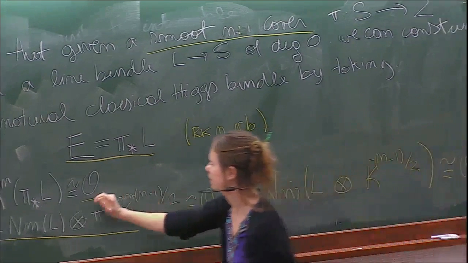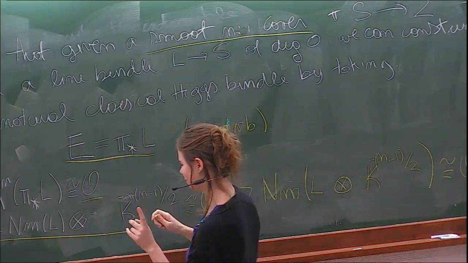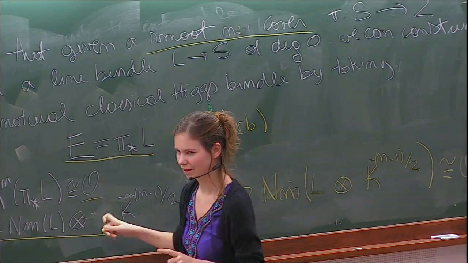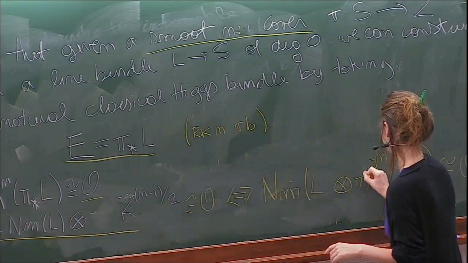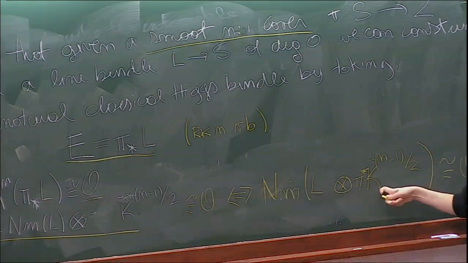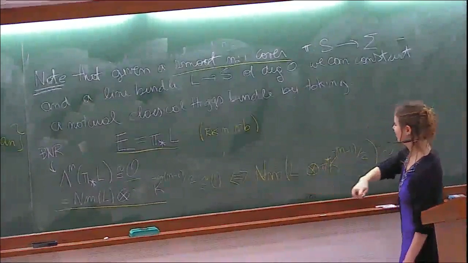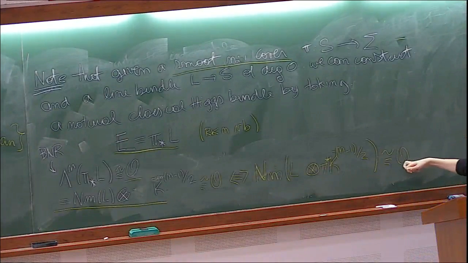Oh, yes, sorry, because the norm is downstairs. Now it's the pi star, yes, because the pi star is on the spectral curve. Thank you. So the line bundle is on the spectral curve. This is the condition I want on the spectral curve.